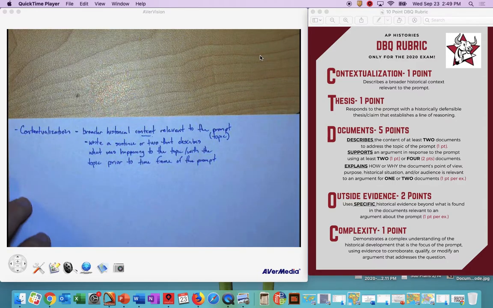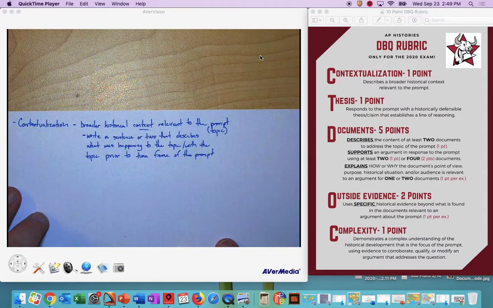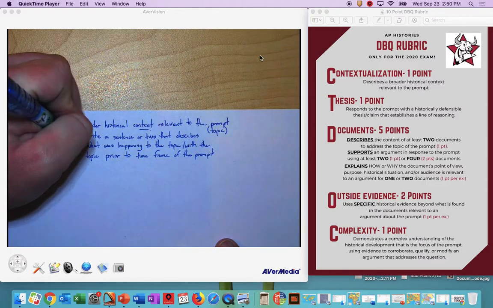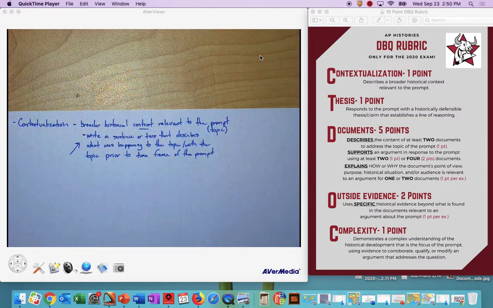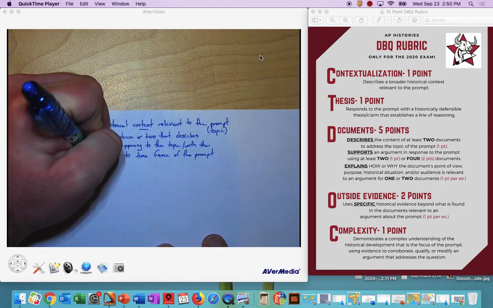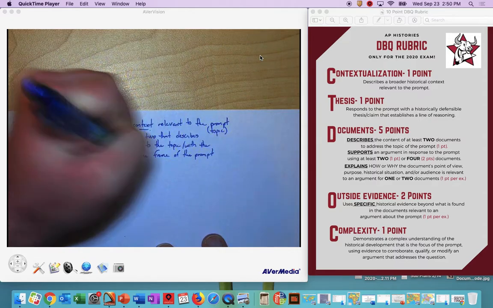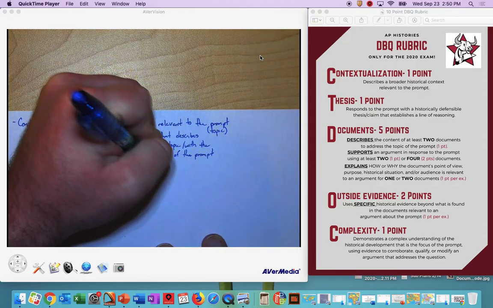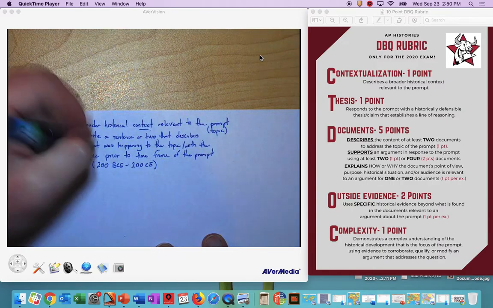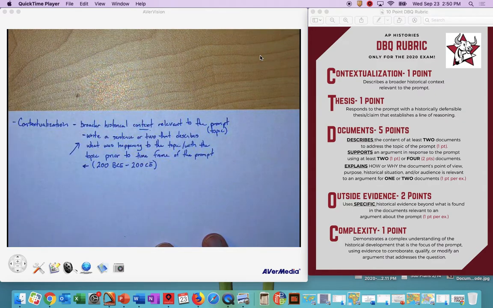So the prompt is going to give you a time frame. Usually it'll be a few centuries, might be a few decades, depending on what the prompt is. All you've got to do is talk about that topic, but a little bit before the time frame of the prompt. So if the time frame of the prompt is something like 200 BCE to 200 CE, just for example, you'd want to talk about what was happening prior to that.